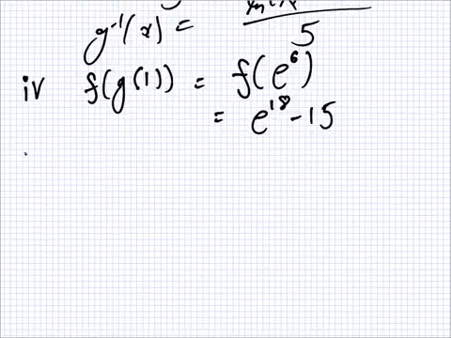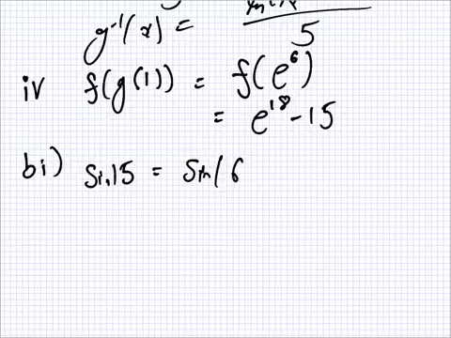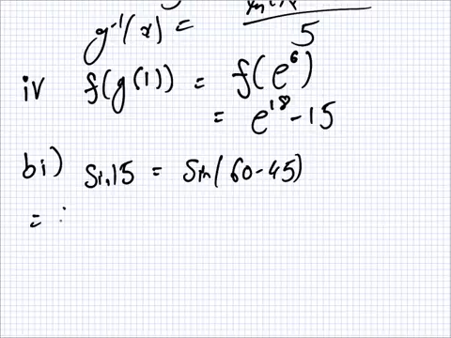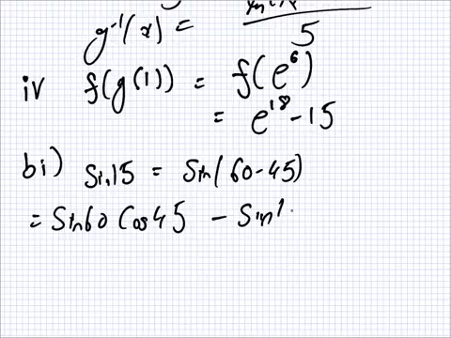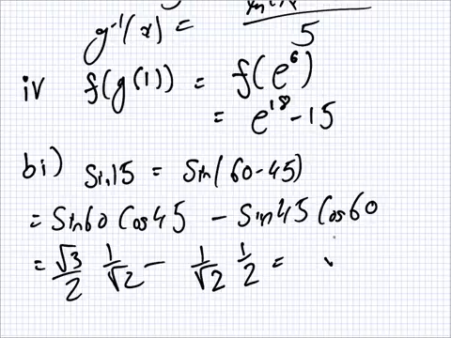Great. Part B, which would be sine 15 equals sine 60 minus 45, which is sine A cos B minus sine B cos A, which is root 3 over 2, 1 over root 2, minus 1 over root 2, cos 60, 1 over 2, root 3 minus 1 over 2 root 2.